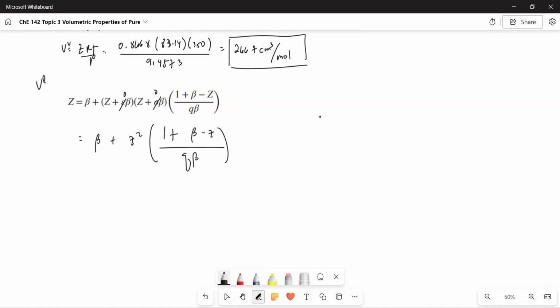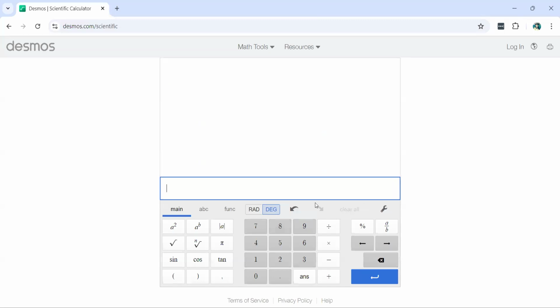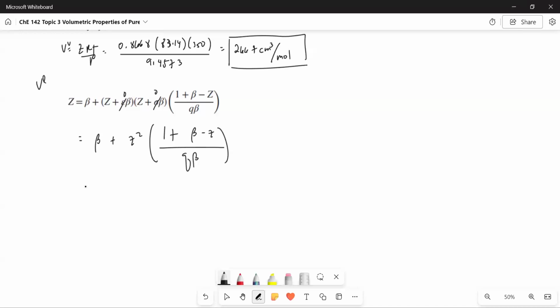But a very important thing, this is for liquid, right? Liquid-like, our initial z is not 1. Z initial is equal to beta for liquid-like.